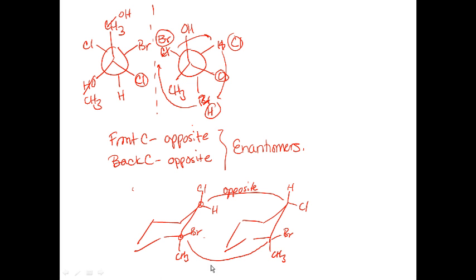If you said same, you're right. So now we have one chiral center having opposite configuration, one chiral center having the same configuration. What's the relationship between these two molecules? They are diastereomers. Okay.